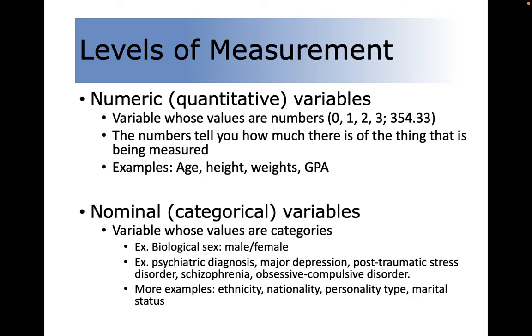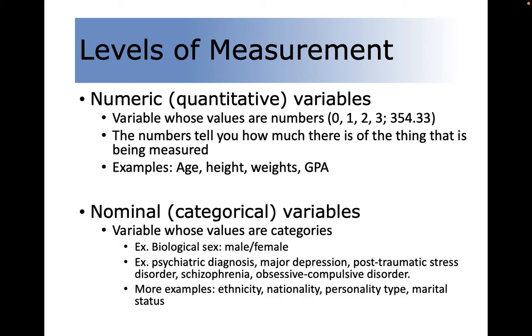So for example, one nominal variable is biological sex, and the values there are female or male. A person's score on the variable biological sex is one of those two values. Another example of a nominal variable might be psychiatric diagnosis.